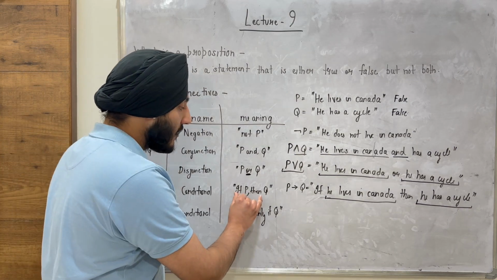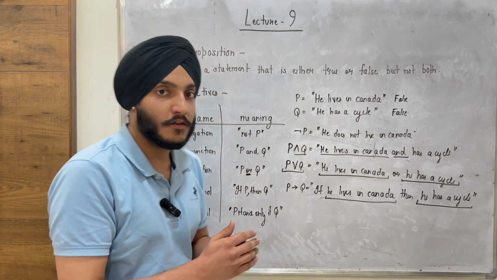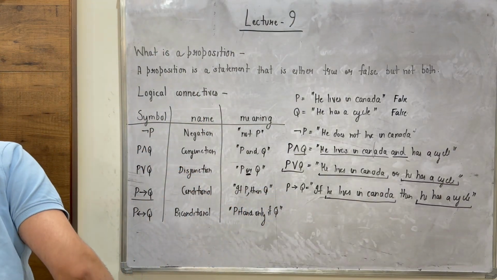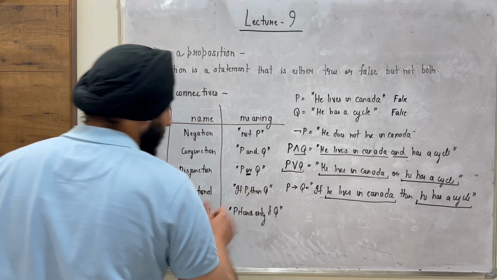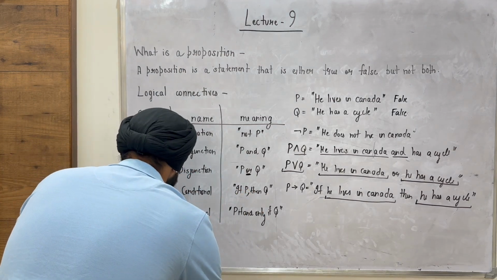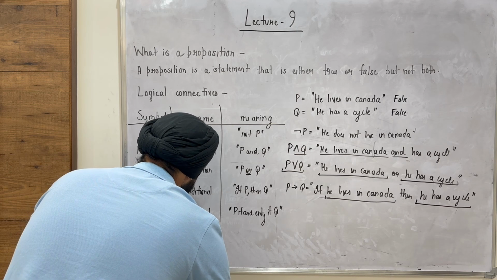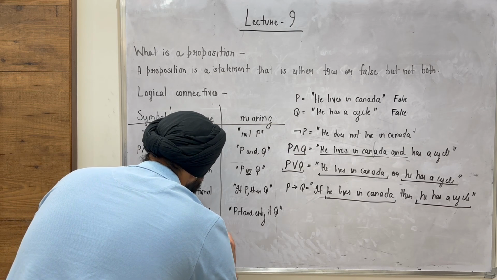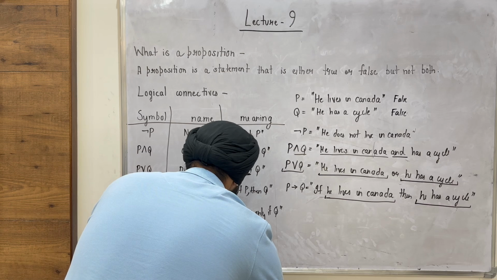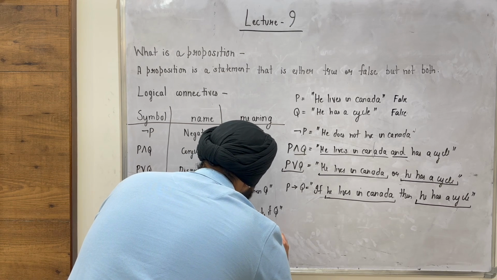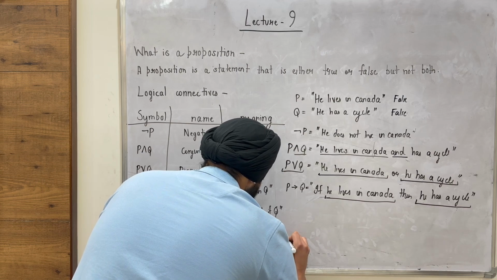Whenever I talk about if P then Q, what I'm trying to say is if P is true, then Q must also be true. So the basic meaning of this sentence is, if P is true, then Q must also be true.